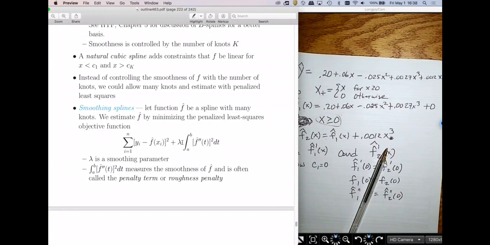Let's think about what would happen if I made lambda very big. If I made lambda 100 billion, then any curvature in my function is going to be severely penalized. If this thing is at all non-zero, then we take a small positive number times an absolutely massive number, and it becomes absolutely massive.